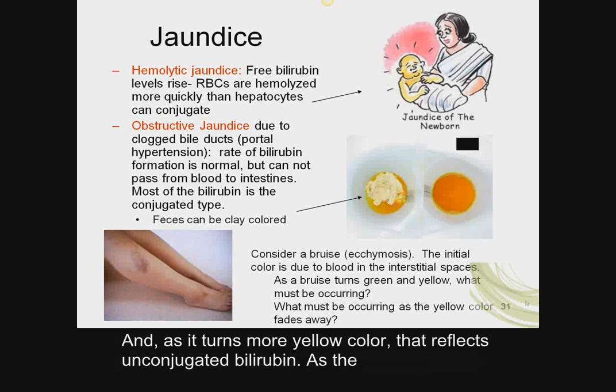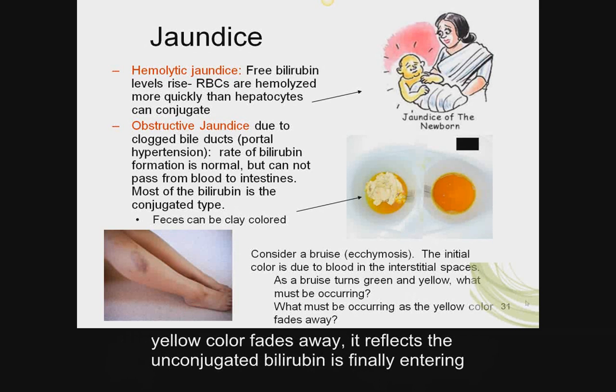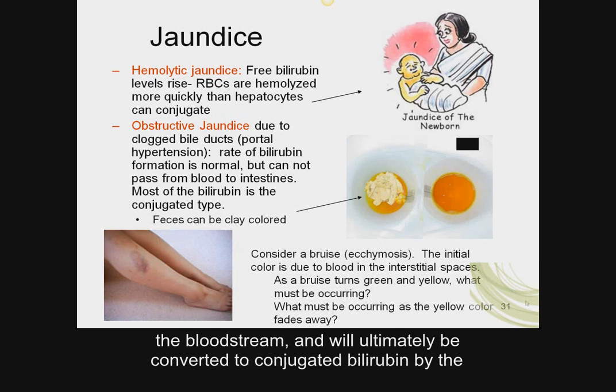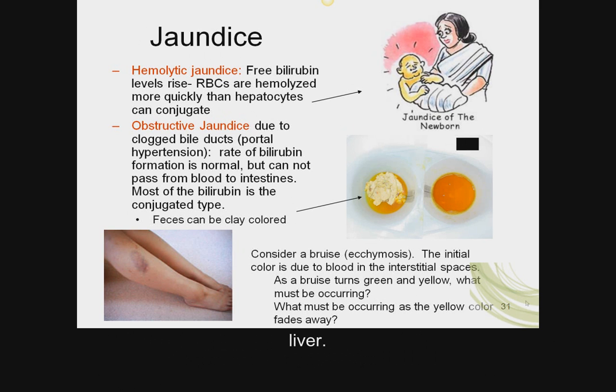That's part of the reason why you get to see this nice green hue of your bruise. And as it turns more yellow in color, that reflects unconjugated bilirubin, and as the yellow fades away, it reflects the unconjugated bilirubin finally entering the bloodstream and will ultimately be converted to conjugated bilirubin by the liver.